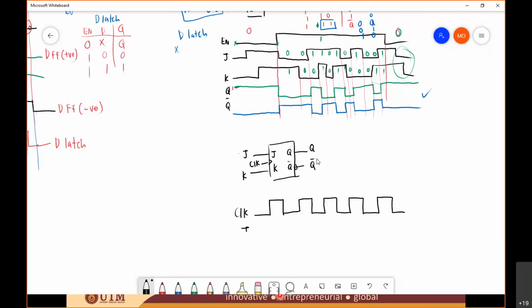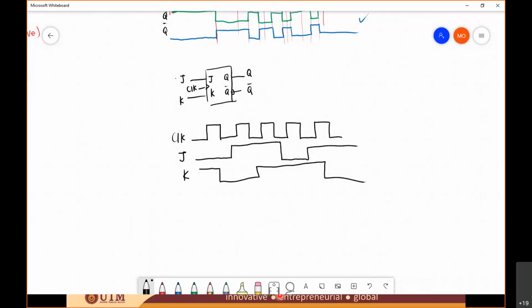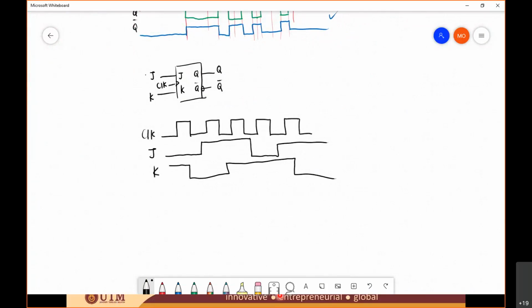And this is your J inputs. And this is your K inputs. And you need to find out what is your output Q.